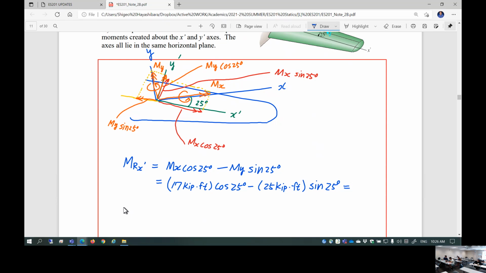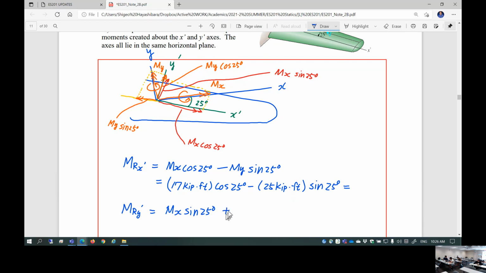And also the resultant in the y prime direction is Mx sine 25, positive Mx sine 25. And also positive, isn't it?